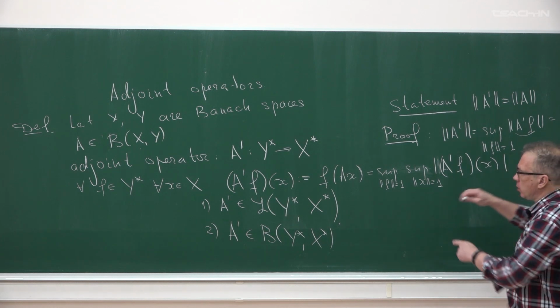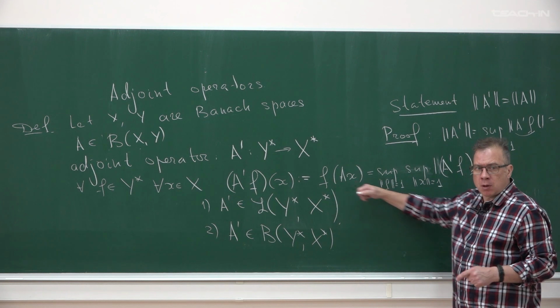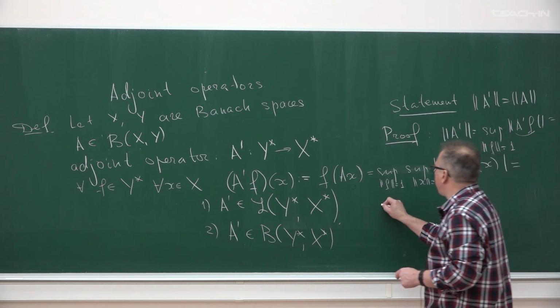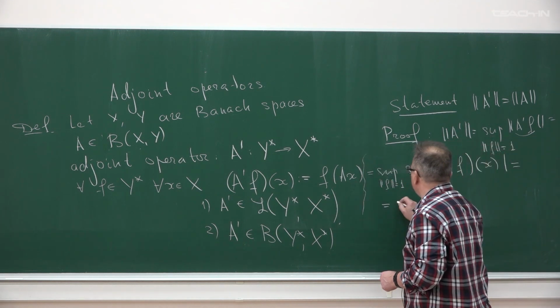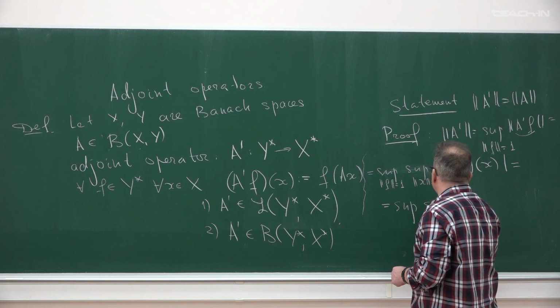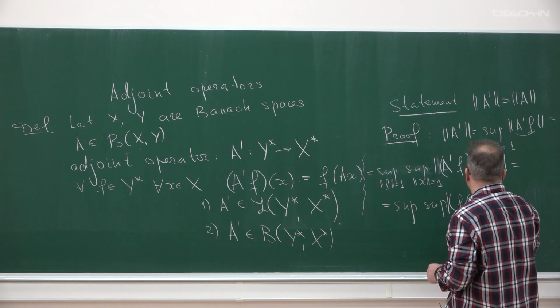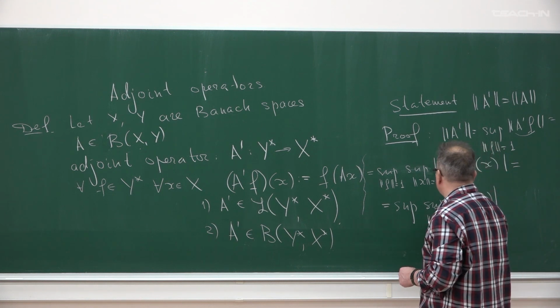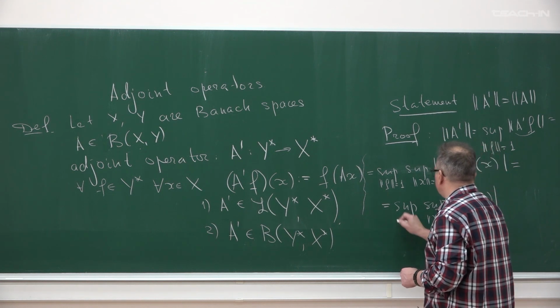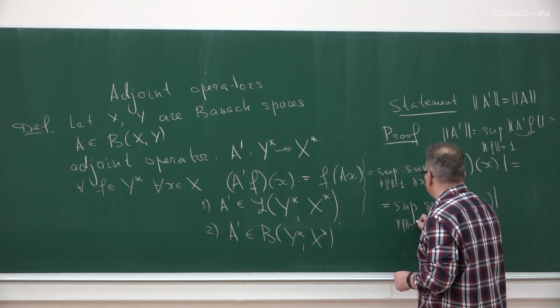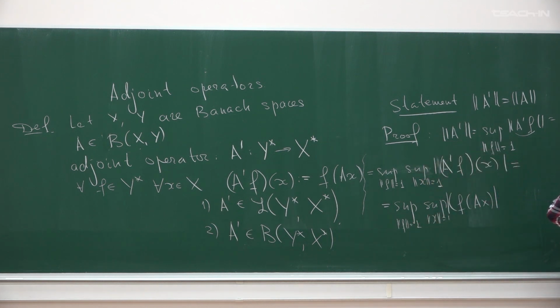Then by definition, you can rewrite it in the form, and then you can use the multiplication inequality for the norms.